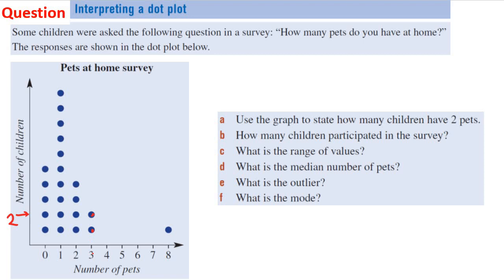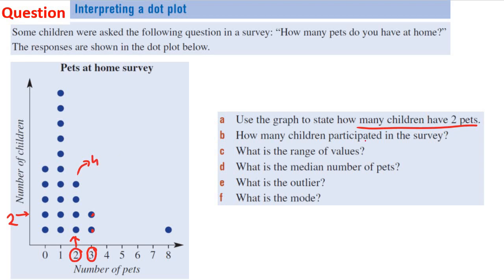So 2 children have 3 pets, but this is not what we are asking. The question is, how many children have 2 pets? If this is the number of pets, you want this thing, 2 pets. How many children? You see, 1, 2, 3, 4. So this is what you want. So 4 children have 2 pets.